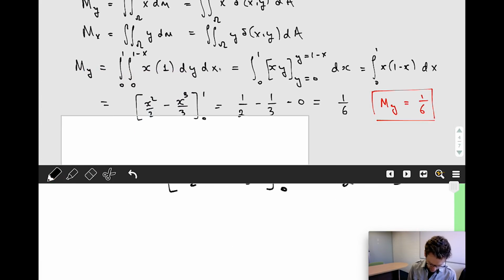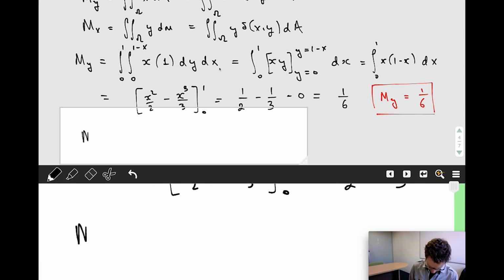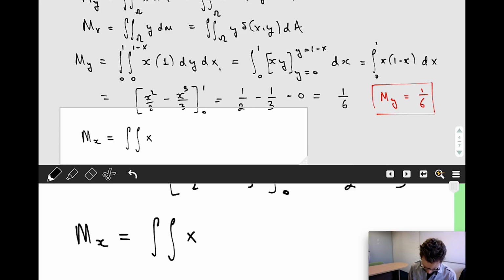Let's take a look at the corresponding integral about the x-axis. So this is the first moment about the x-axis. So this is going to be y times the density. And again, we're doing this integral over the same region of integration, so the limits of integration are the same.